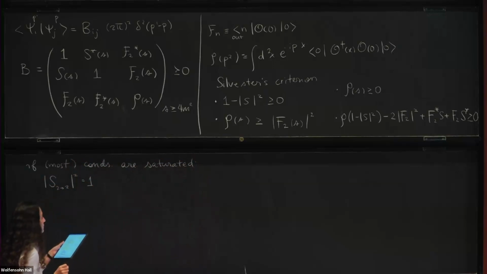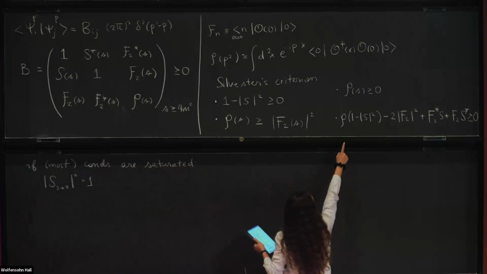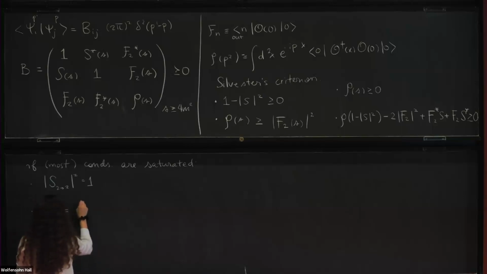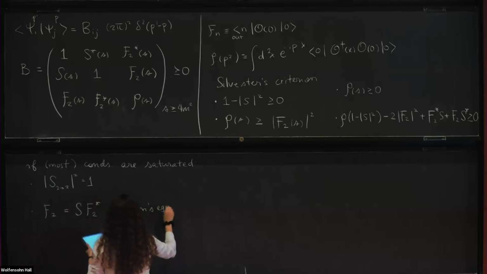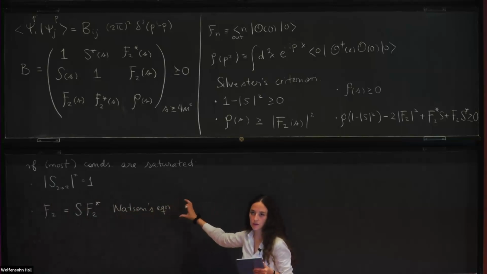Then if you input this in the last equation here, you get something called Watson's equation, which relates the two-particle form factor to the S matrix. And if anyone knows about integrability, this is something they, yes?